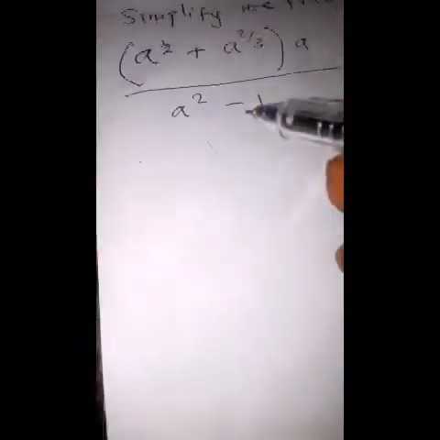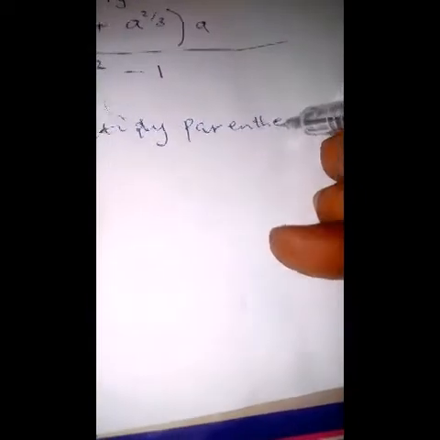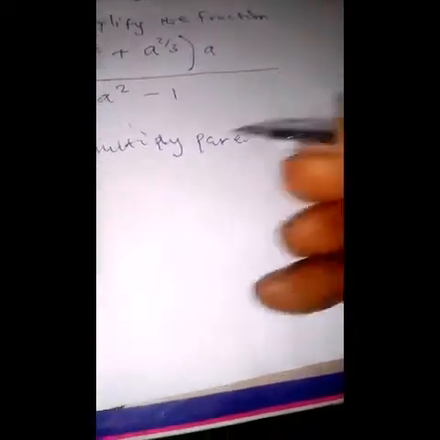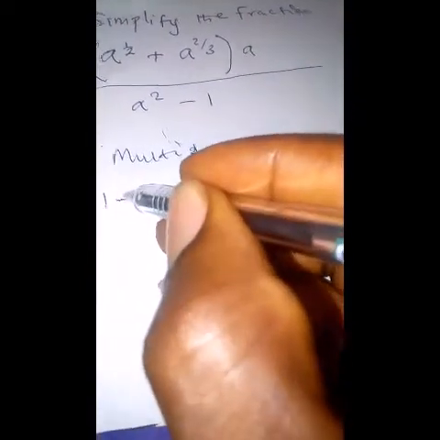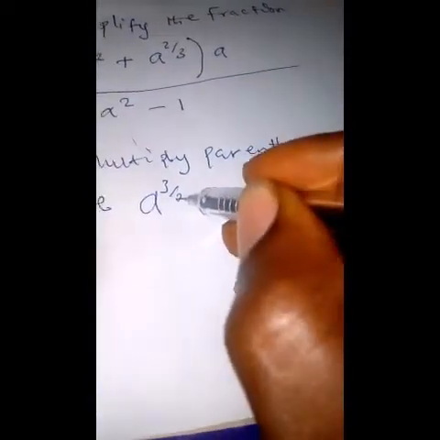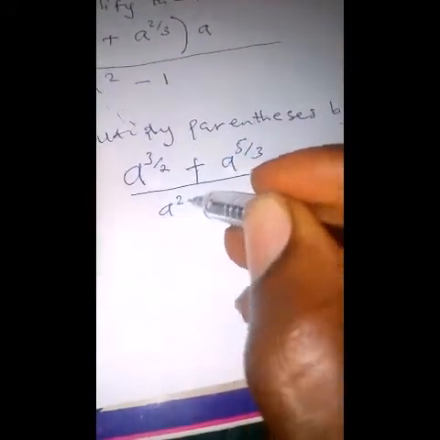The next thing we're going to do now is to multiply the parentheses by a, that is to say a raised to power 3 over 2 plus a raised to power 5 over 3, all over a square minus 1.